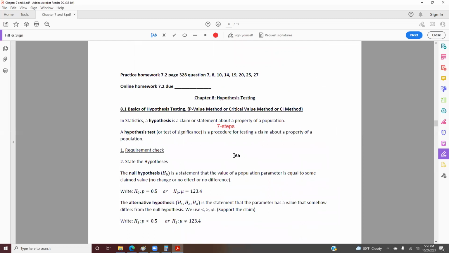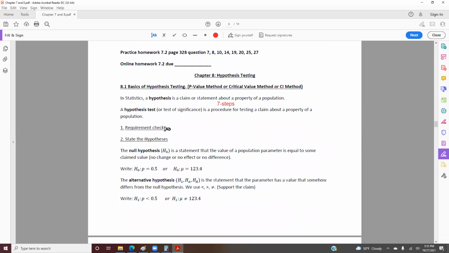The first step is a requirement check. We will go over this in the next sections, 8.2 and 8.3. Right now, for 8.1, we assume that all the requirements are checked and met.